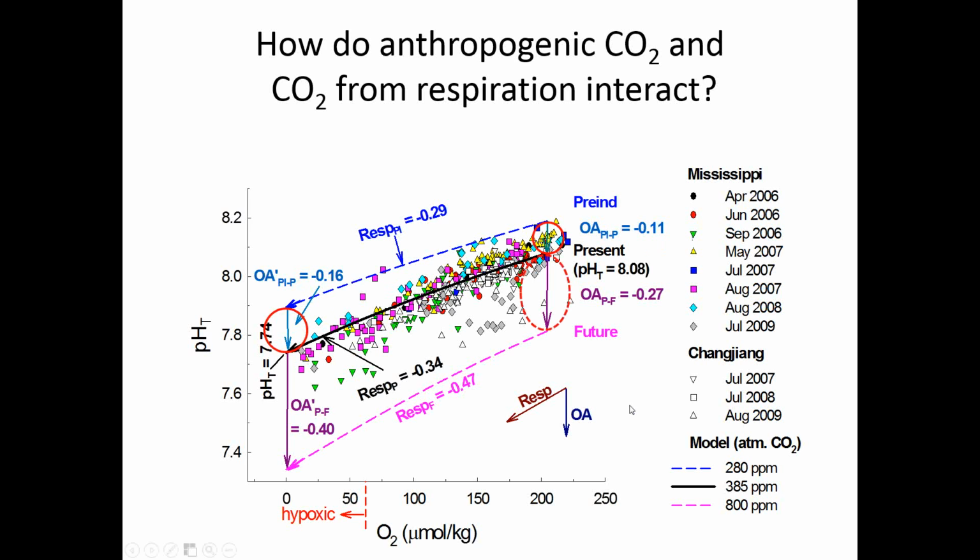The same will be true from today to the end of this century. You will have a 0.27 pH unit decrease in the oxygenated water and a 0.4 pH unit decrease in the low oxygen water. Again, this is in Gulf of Mexico water, and that water has a very strong buffer capacity. In other places, you will see an even stronger pH decrease.